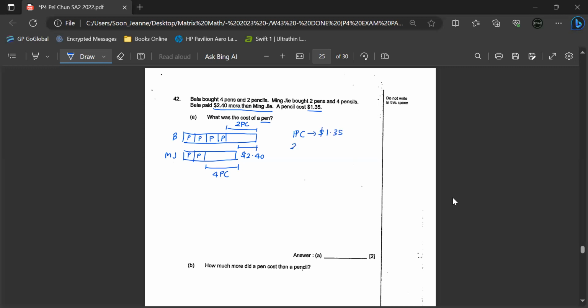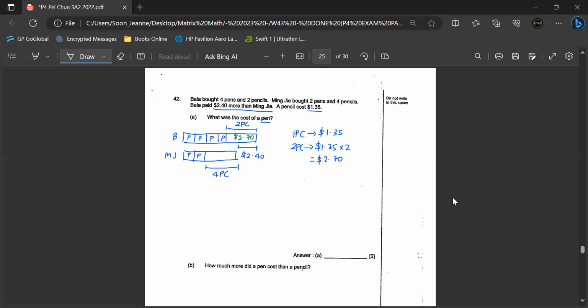So 2 pencils will be $1.35 times 2, which is $2.70. So 2 pencils is 270. I'm going to just roughly write 270 here. If you're able to see, I write in green. So 2 pencils, this is 270.